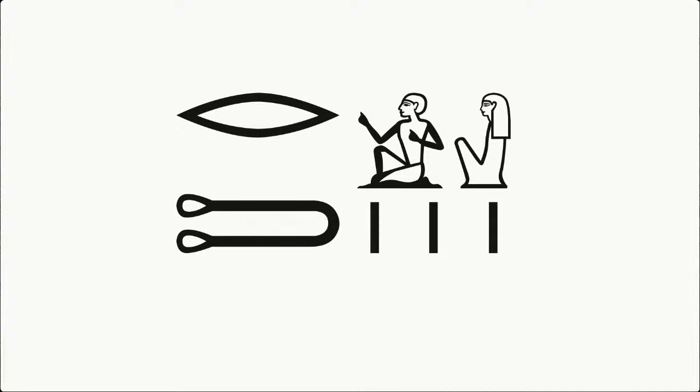Then you have the seated man or kneeling man, squatting woman, and 3 strokes. But what's missing here is the M. A lot of people ask about that: why do we say remage when there's no M there? What I always have to explain to people is that certain words, just like in English, have abbreviated forms.